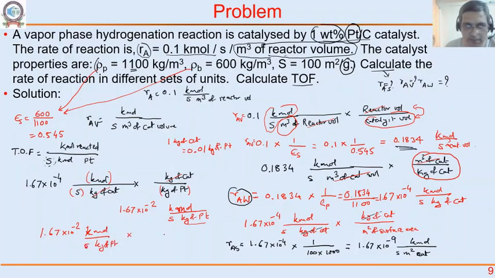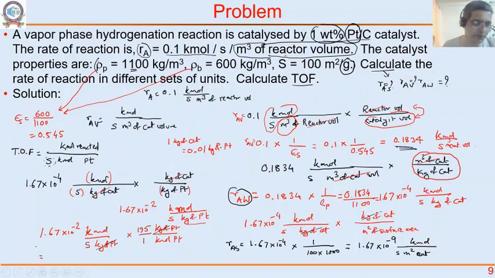If I multiply this by kg of platinum per kilomole of platinum, then this kg would cancel and I will have kilomoles reacted per second per kilomole of platinum, right? If I take 1 kilomole of platinum, that is 195 kgs, right? That is how we used to convert units when we studied process calculations.